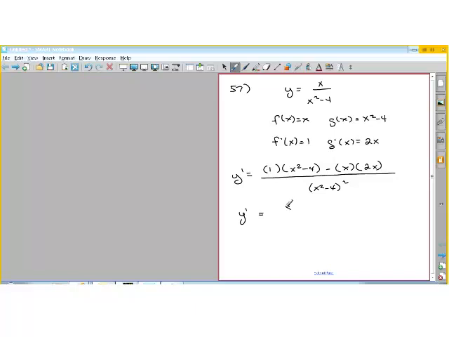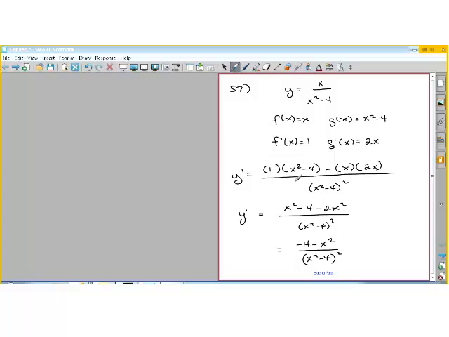So we get x squared minus 4 minus 2x squared over x squared minus 4 squared. So that becomes negative 4 minus x squared over x squared minus 4 quantity squared.